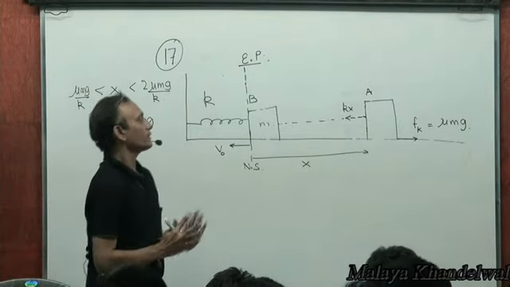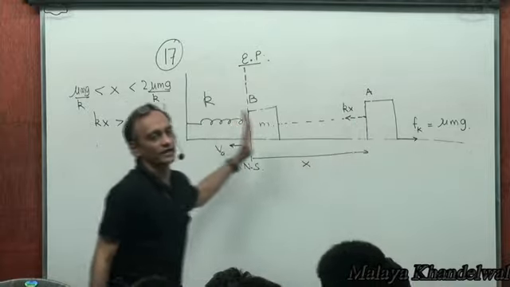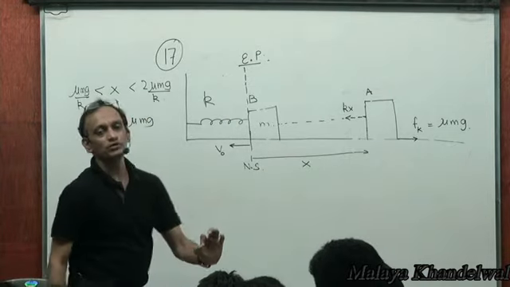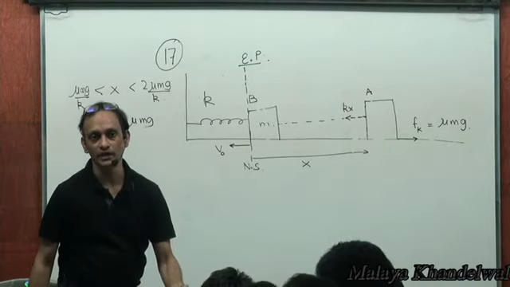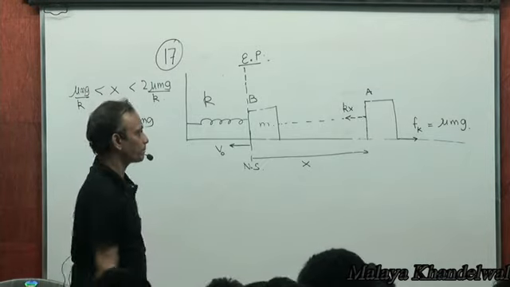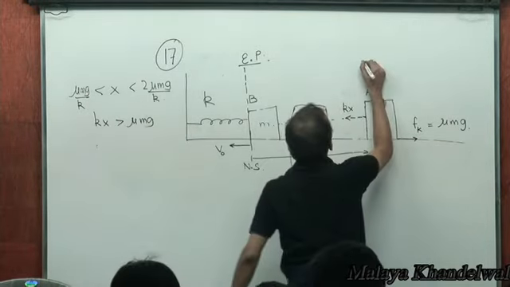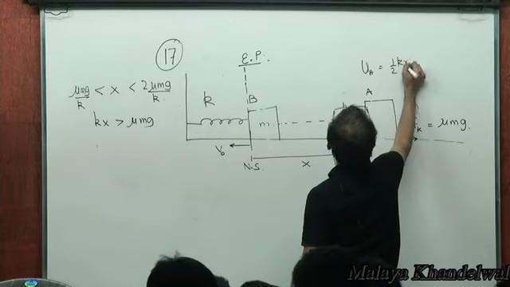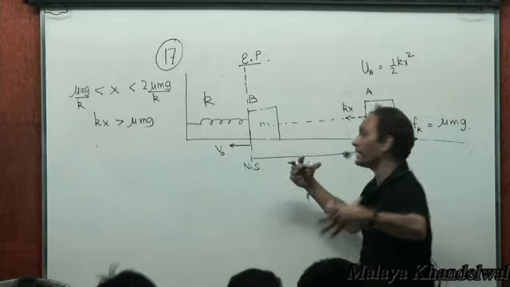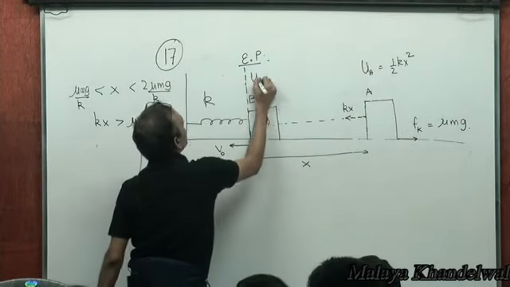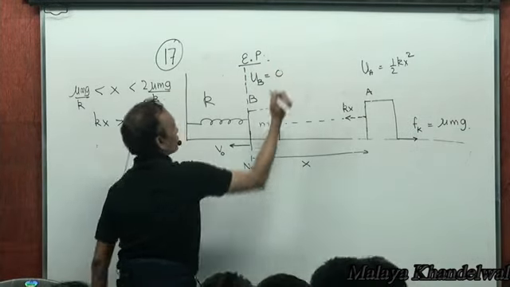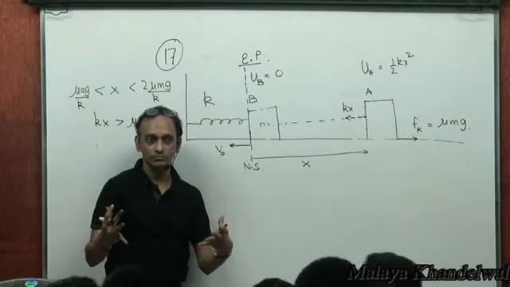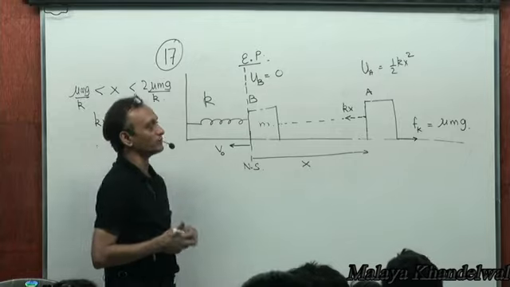Alright. So between this state and this state, I want to be able to apply the work energy theorem, right? What's the potential energy of the spring at A? Half kx squared, right? Because the spring is elongated by an amount x. What's the potential energy of the spring at B? 0, because the spring is unstretched, right?